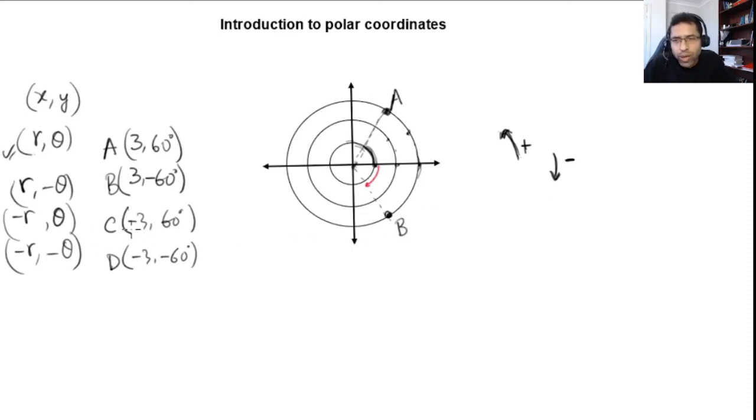And if I ask you where is C, (minus 3, 60 degrees), then you can say, okay, some teachers explain it this way: if you have (3, 60) here, that is A, and if you extend this line like that, and travel in the opposite direction of A, then you are getting negative 3, because A is 3.